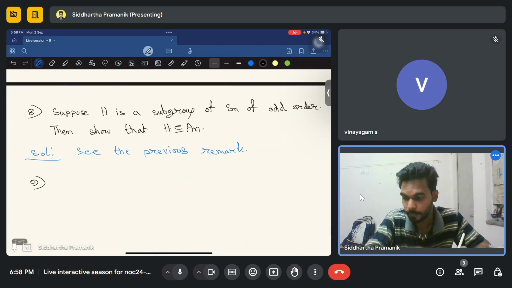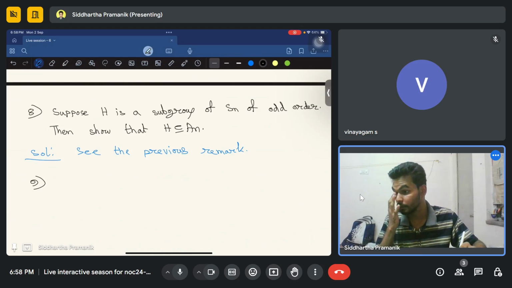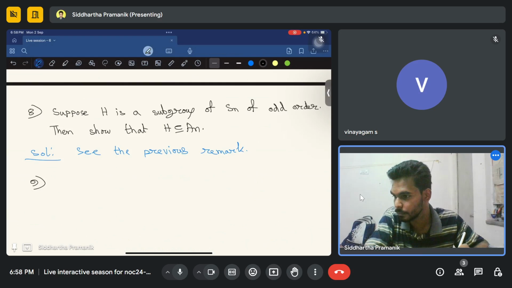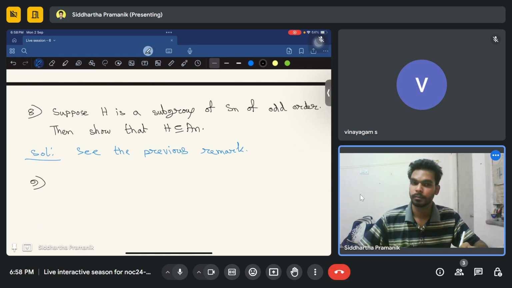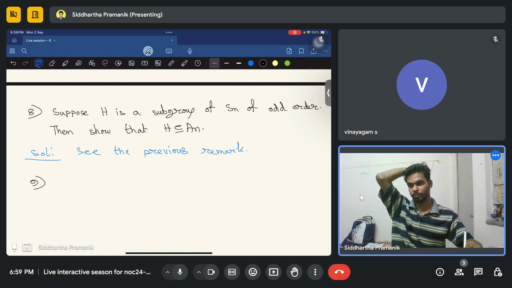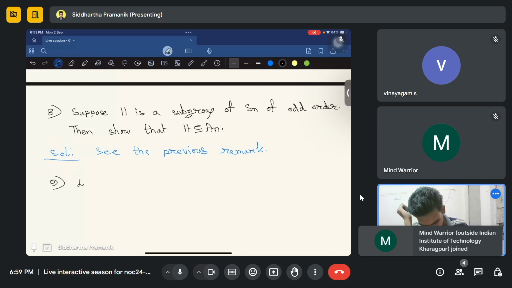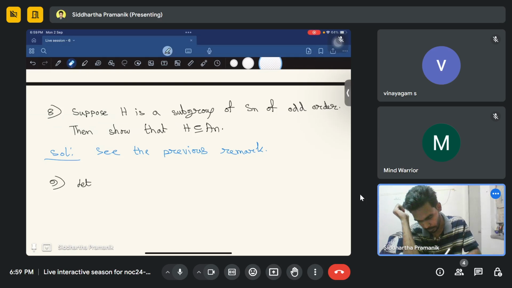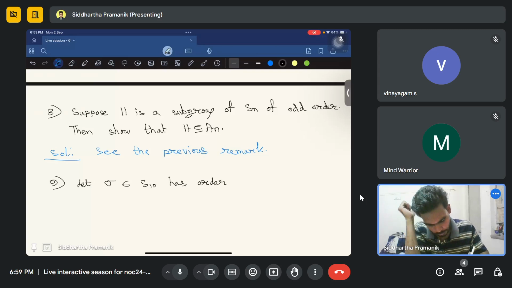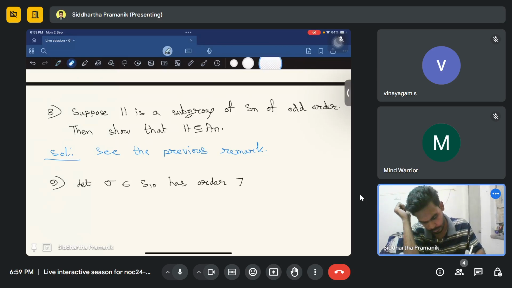Let's see one more problem of this type. Let sigma belong to S10 have order 5.